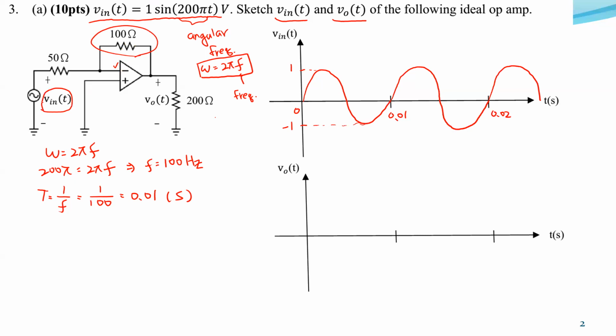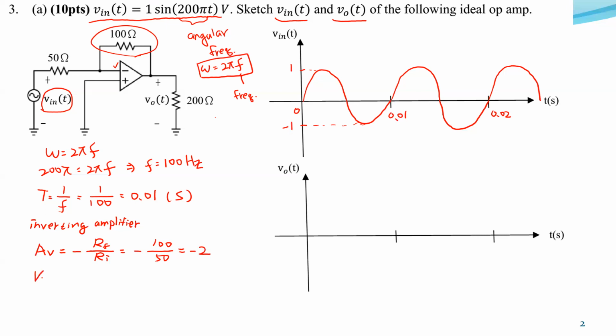It means it's an inverting amplifier. So we can immediately know that since it's an inverting amplifier, its voltage gain is minus RF over RI, which is minus 100 over 50, which is -2.